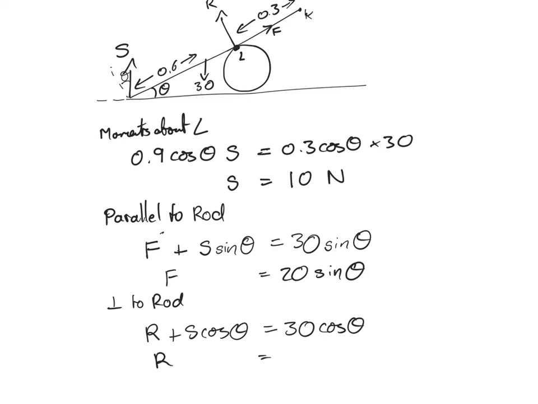R equals 20 cos theta. There we go. They seem like a very easy 8 marks if you can spot them, but hard if you go round and round the houses trying to find them. Okay.